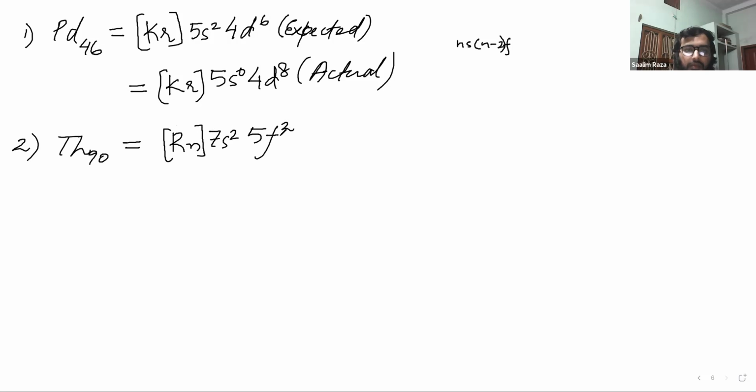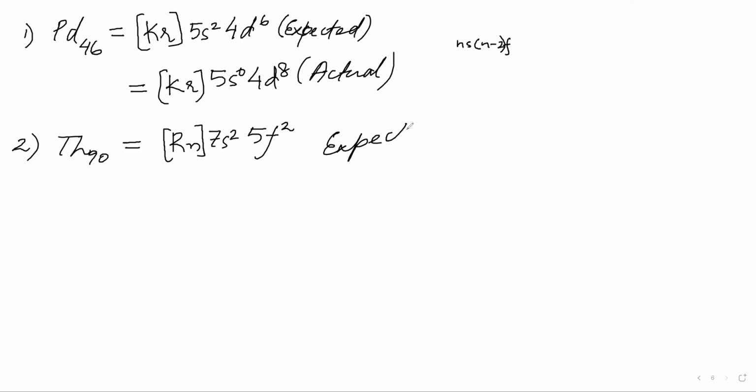This will be expected, but the reality will be different. The F electrons go to D. So reality will be 7s2, 6d2.